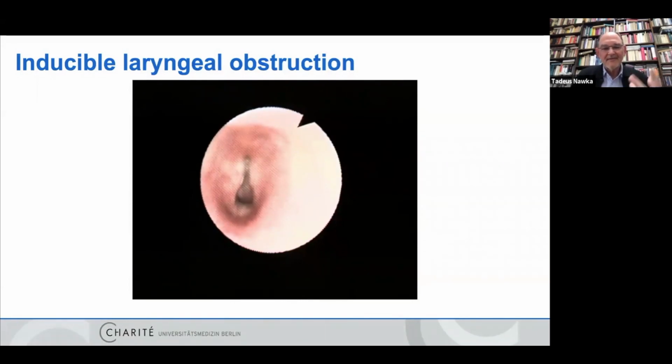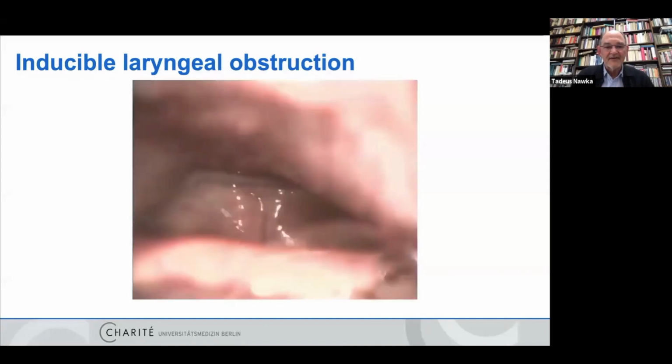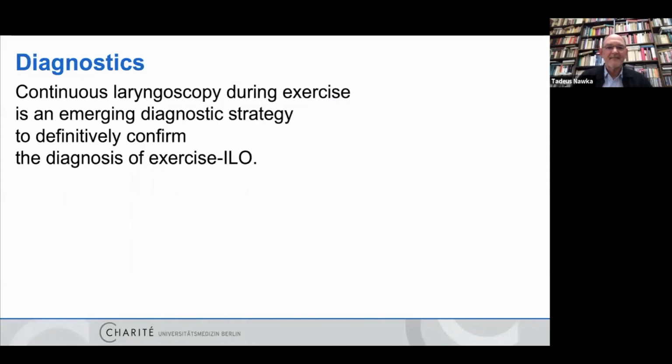Imagine that you have an intact larynx, and anyway, you still have to have a tracheostomy, and voice is also very much impaired. So how can we diagnose this disease? In sports medicine, they suggested to do a continuous laryngoscopy during the exercise with flexible optic, but this is not always possible.